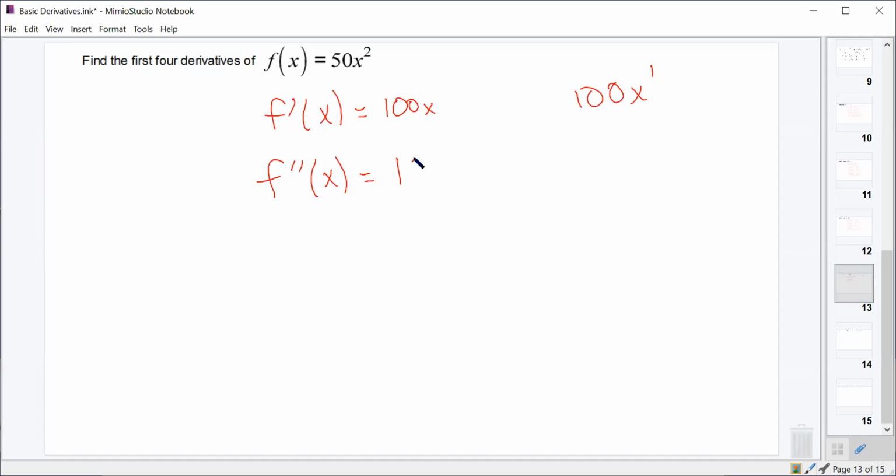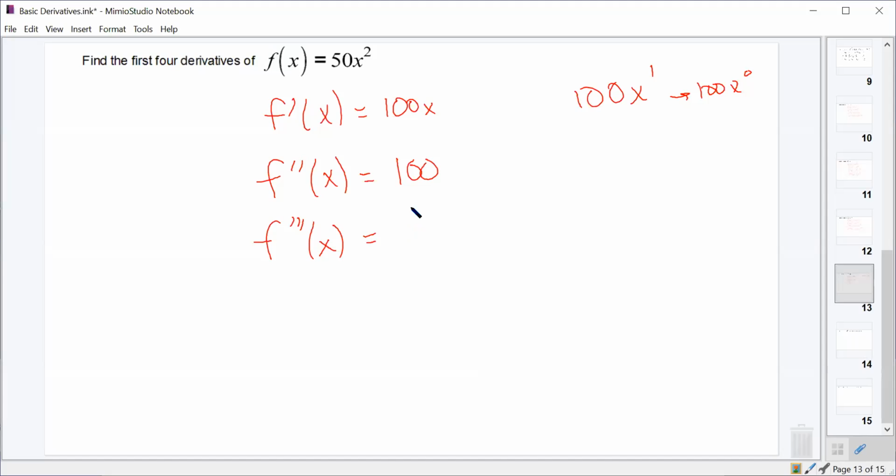Should become 100 x to the 0, which is just 100. Everybody good with that just being 100? Yeah. All right. And what about the next derivative here? X to the negative 1.